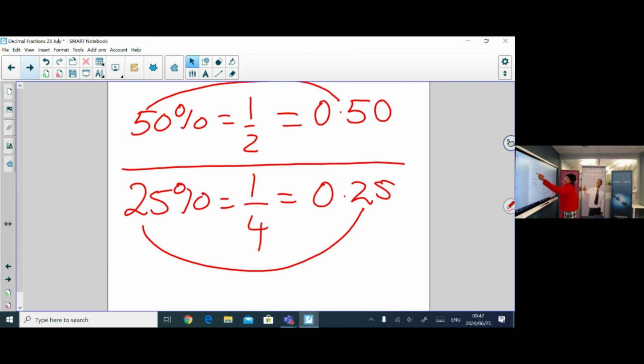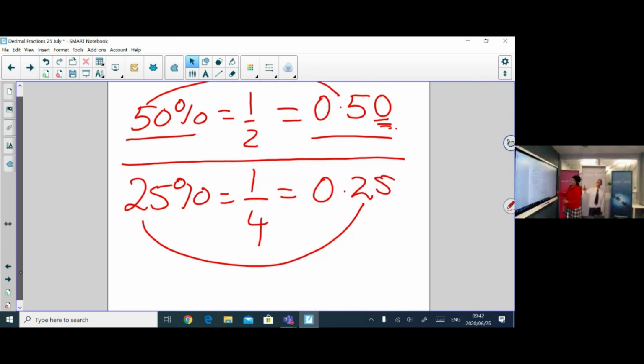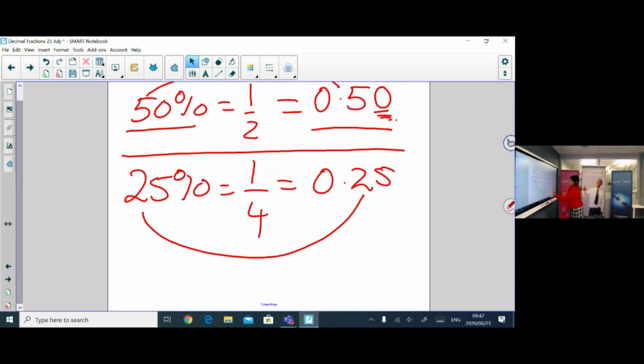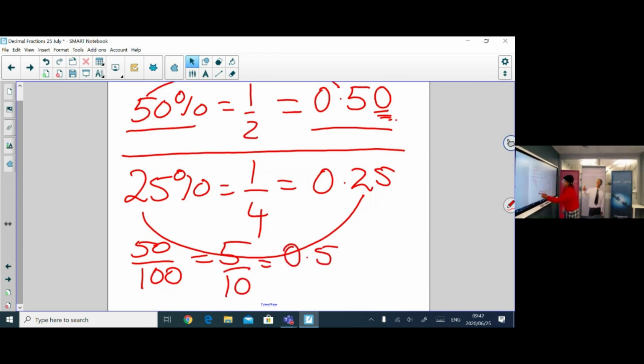Remember, the 0 after there does not have that much meaning, but for you to see that we still have 50 cents over there. Why is it 0.5? Remember, 50 divided by 100 is the same as 5 over 10. And this can be written as 0.5, the same thing.